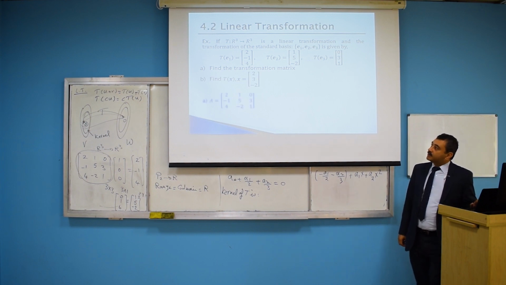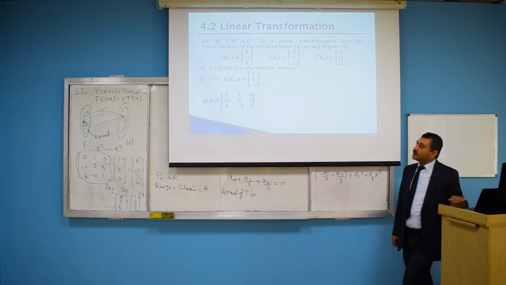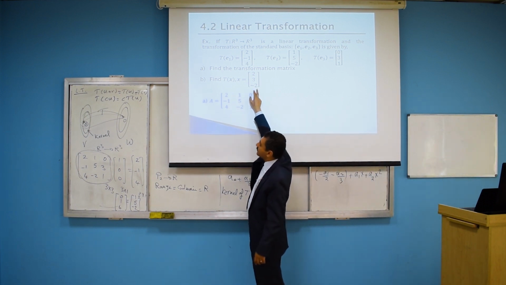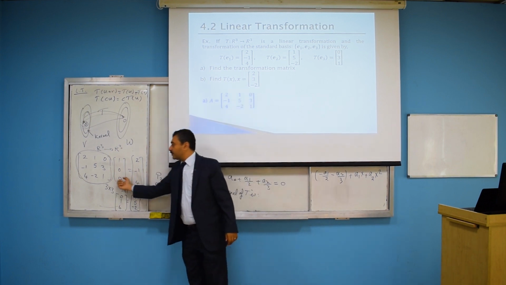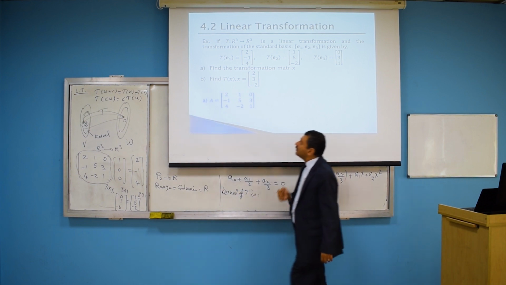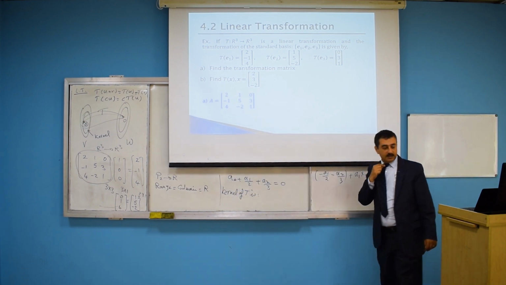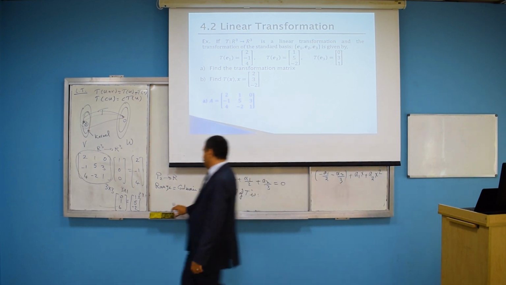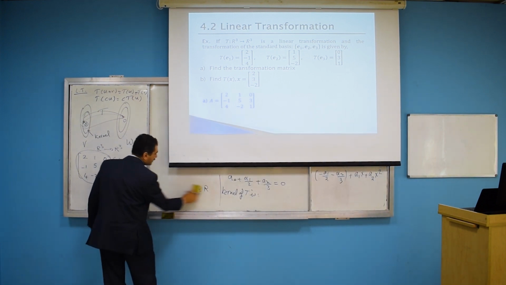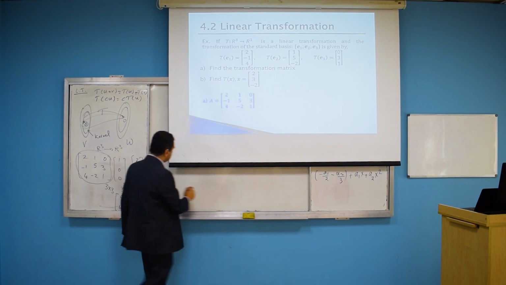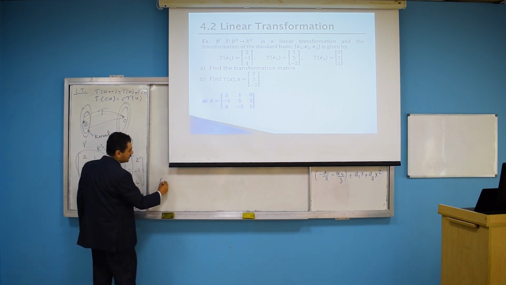If you want to get the transformation of a certain vector, you can get the transformation of any vector by multiplying by your transformation matrix, or you can get it using the property of the linear transformation by writing the vector x as a linear combination of the standard basis.